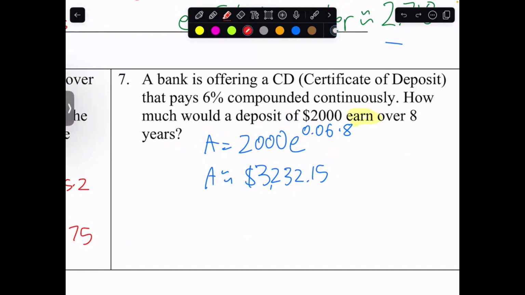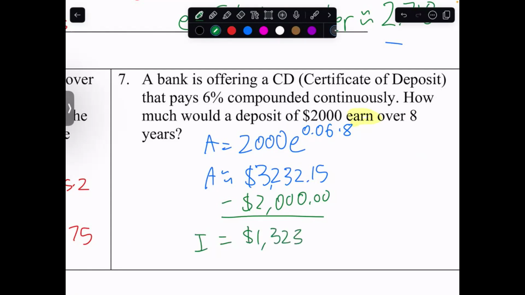And you get $1,102. Yeah, so the interest was the extra amount. So the interest is $1,232.15.